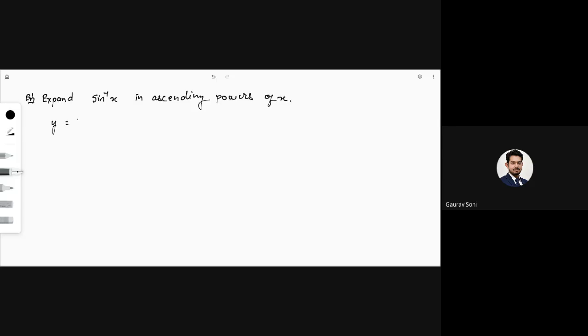Y is equal to sin inverse of x. dy by dx is 1 upon under root 1 minus x square, which can be written as 1 minus x square raised to minus 1 by 2.